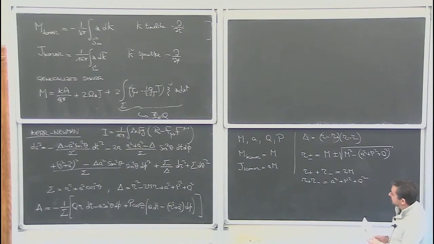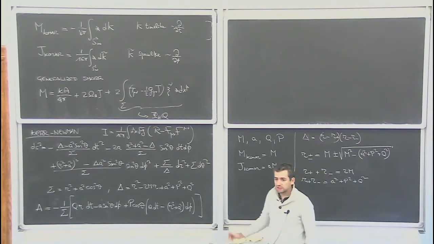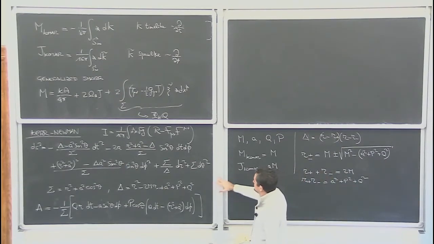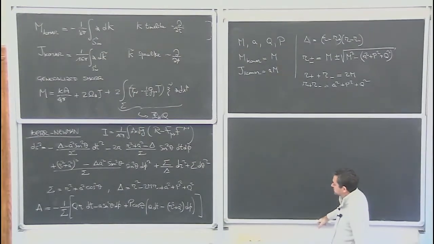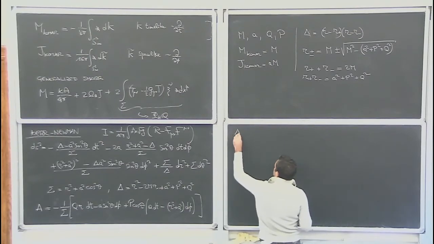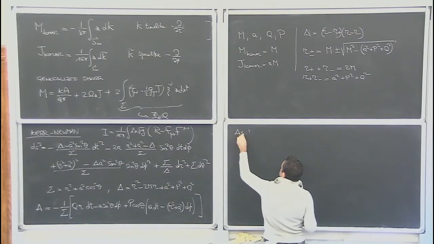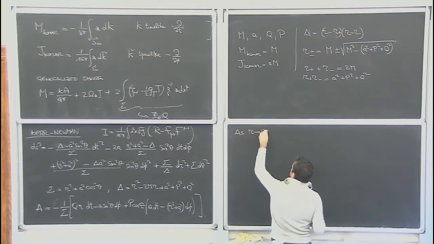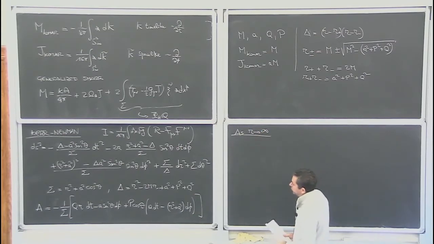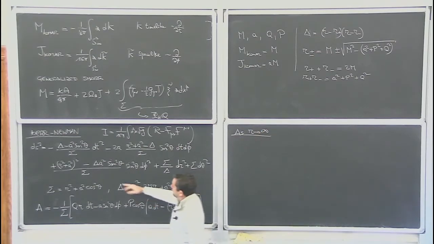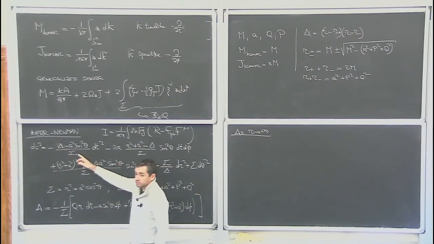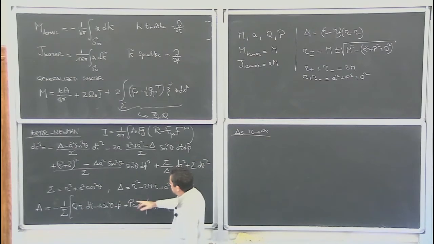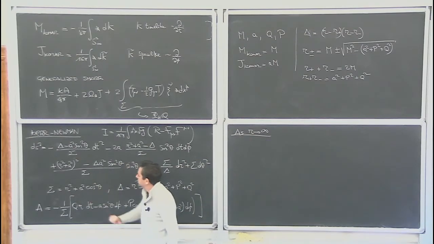So now let's start analyzing where the horizon is and what happens asymptotically. First, we can check what is the asymptotic metric, for R, the radial coordinate, very large. As R goes to infinity, one just has to remember that delta goes like R squared and sigma goes like R squared as well. Here is sigma, this function.